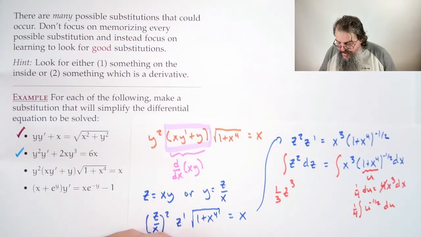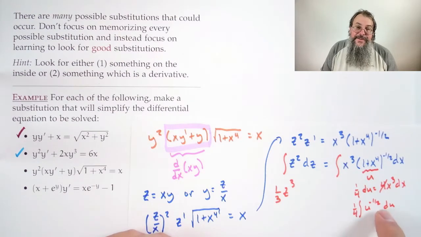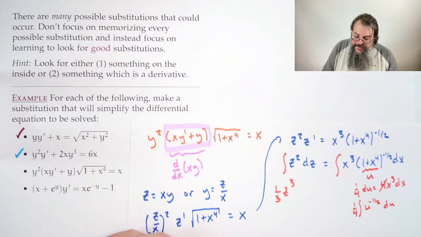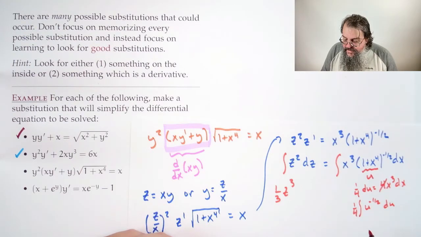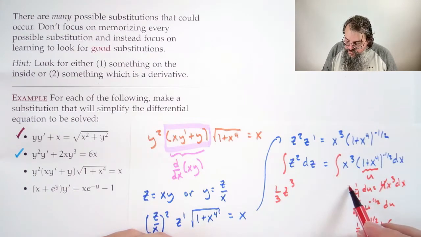Now, we're getting close. Add 1 to minus a half, you get a half. That's u to the half. Then you also have to divide by a half, and so this would end up becoming 1/2 u to the 1/2, and then of course plus c. Okay, so that's that integral.